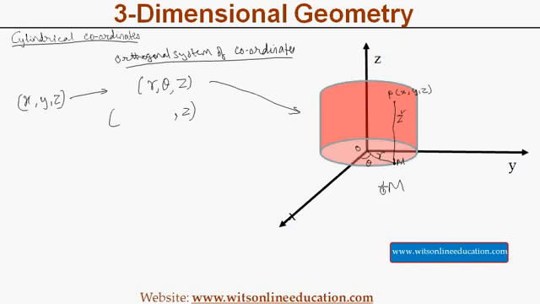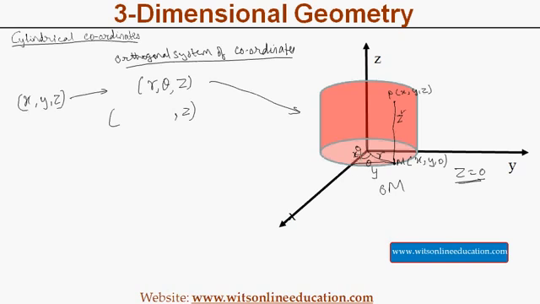To reach this point M, we'll have to move distance x along the x-axis and then distance y along the y-axis, because this point M has coordinates x, y, 0, because this is the foot of the perpendicular from P on the xy plane. The xy plane has equation z equal to 0, so its z coordinate is 0, while x and y coordinates are x and y respectively. So we see that this length is y and this length is x.